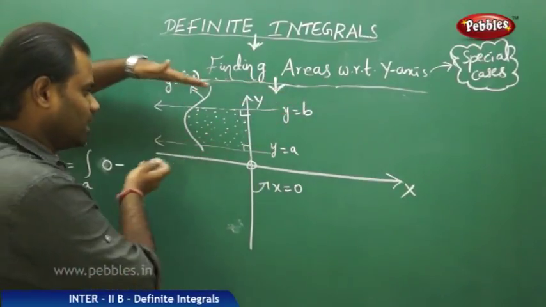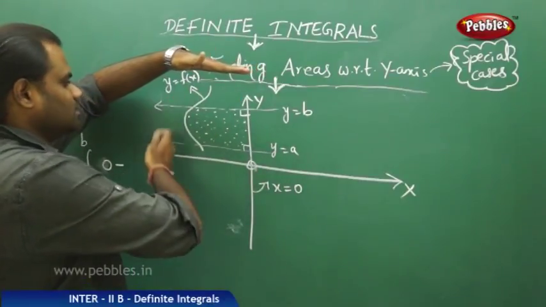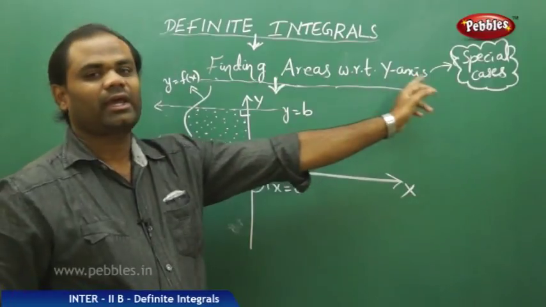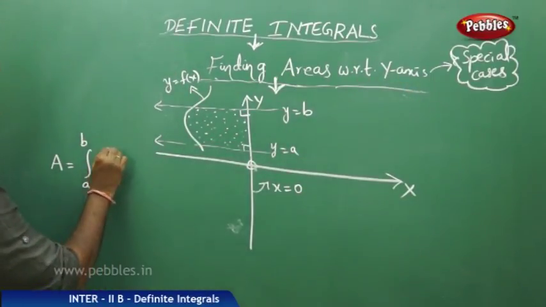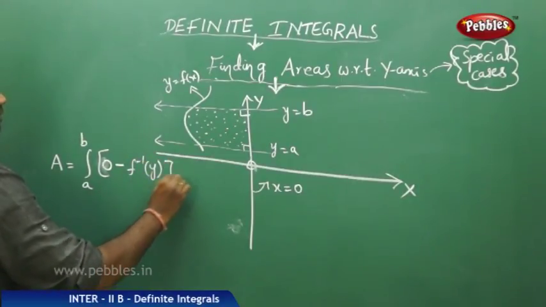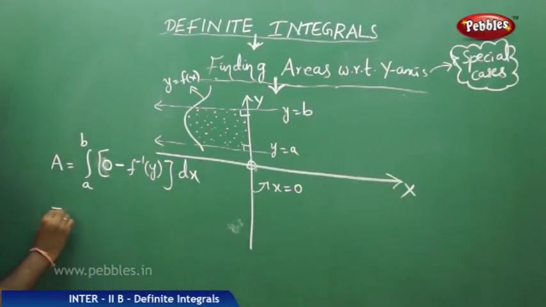As you see along the y-axis, this is the upper curve and this is the lower curve, because this is with respect to the y-axis.